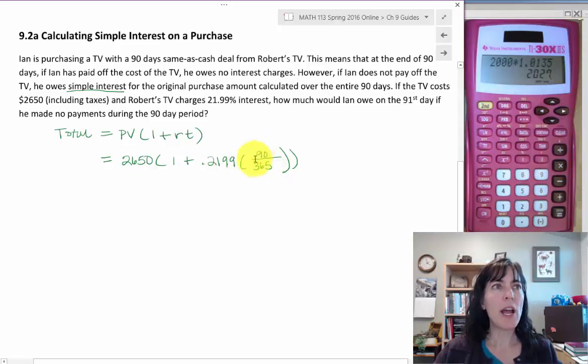Starting here, I think I'll just divide this, 90 divided by 365, and then multiply by the 21.99, and then add the 1, because multiply and divide come before addition, and things in parentheses, I mean, generally you can do them first. So 90 divided by 365, and then times the 21.99, and then plus the 1, and then finally this multiply here on the end.